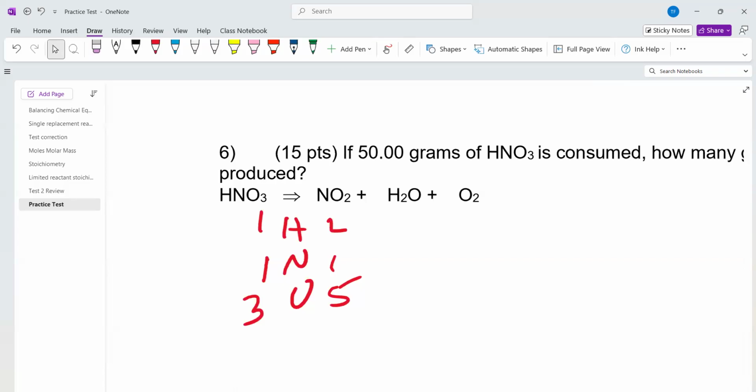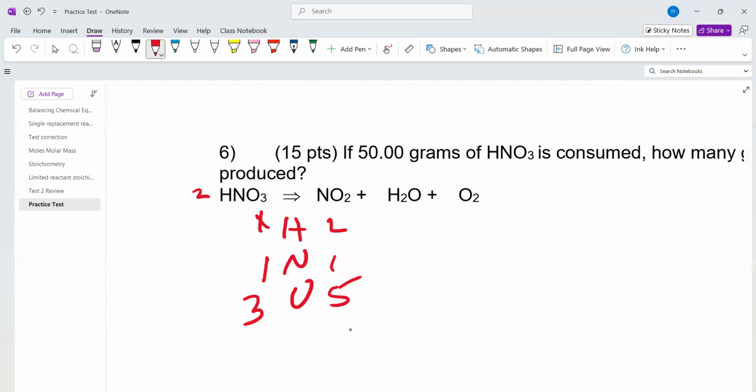Now, one thing about this problem, if you don't know where to start, punt. And this is what I mean by punt. Let's just put a 2 here. Okay, and we have to take inventory again.